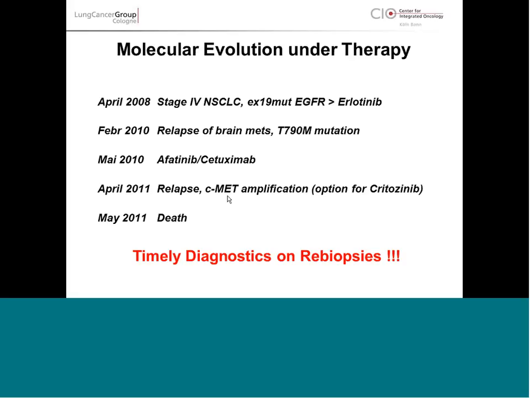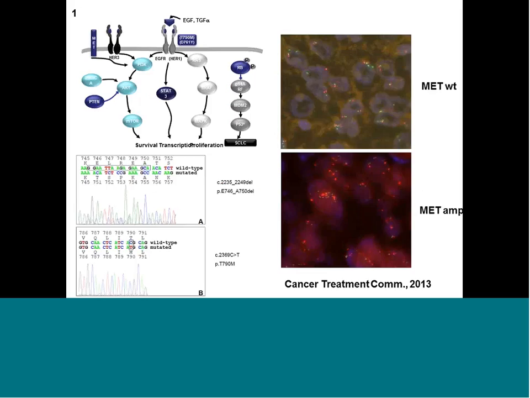We of course would now offer her treatment with crizotinib, and I can show you this is the pathway. So the original activating mutation causes MAP kinase and AKT activation. Then she developed this T790M mutation that prevented the inhibitor from binding and reactivated the original EGFR signaling pathway.